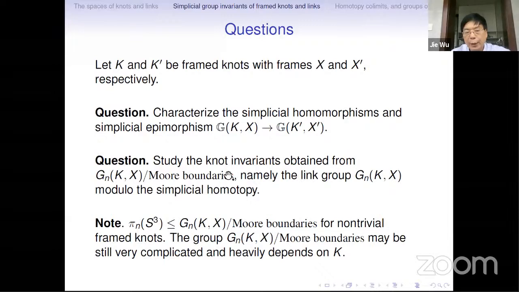And you can try to look at the homotopy theory here. Don't look at the homotopy group, because the homotopy group only depends on the homotopy type. That's two-way. But if you take something stronger, you take the whole group modulo boundaries, in some sense, just do homotopy directly in the group, then there will be a lot of non-trivial information to explore.